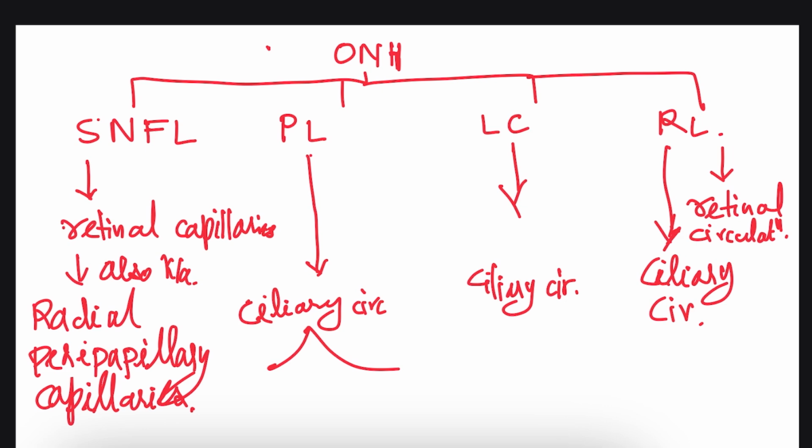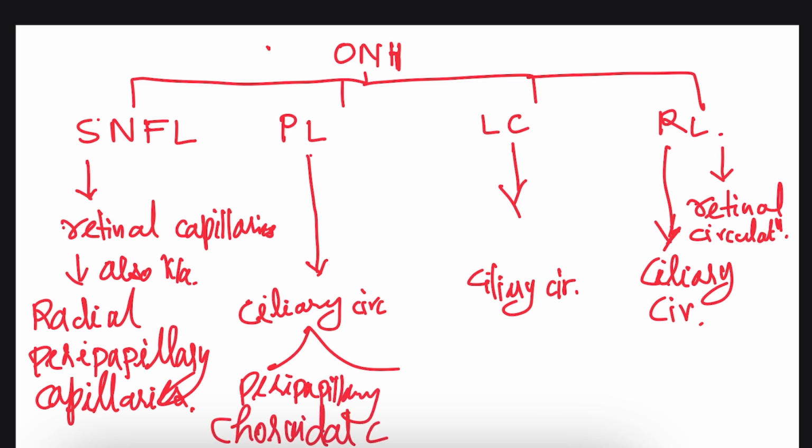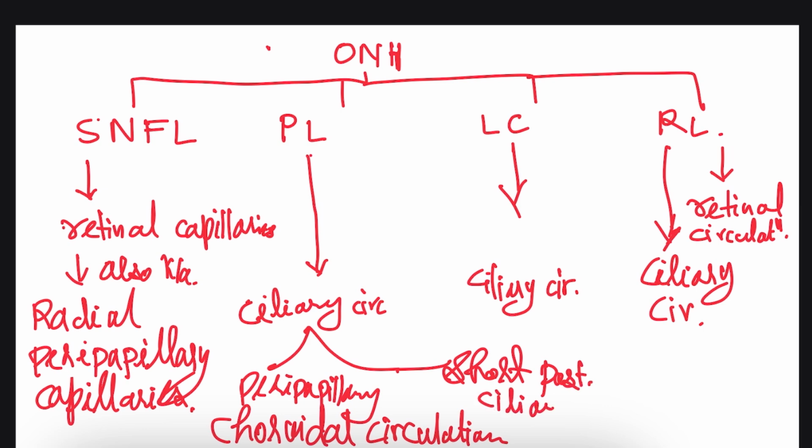One says that this circulation comes from the peripapillary choroidal circulation, and the other school of thought tells that it comes from the short posterior ciliary artery.